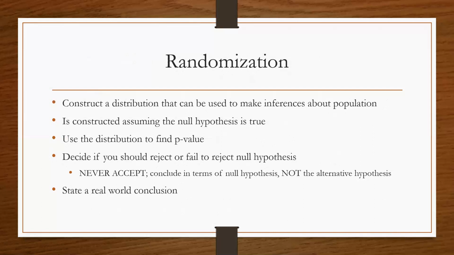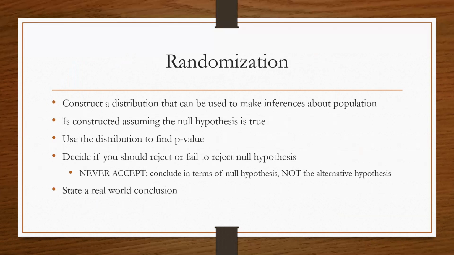So some very important things is that you are never going to accept the alternative hypothesis. Never ever accept. There are going to be questions on like every single exam where it's, should you accept the null hypothesis, or accept the alternative hypothesis or something like that. If it says accept, immediately just cross out that answer choice. It's wrong. You will never accept it. And then you're always going to conclude in terms of the null hypothesis, not the alternative hypothesis.